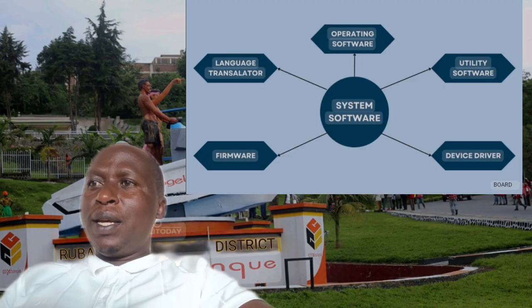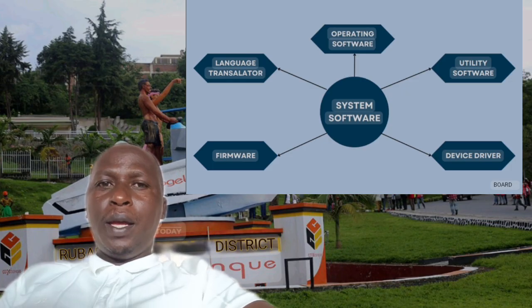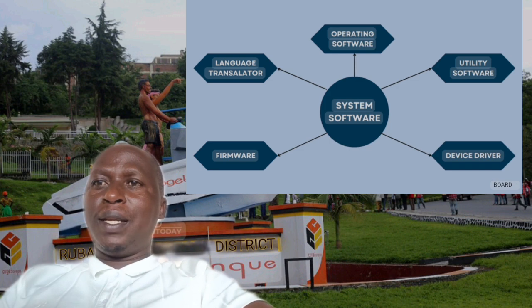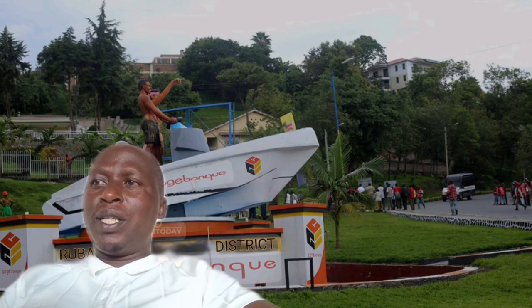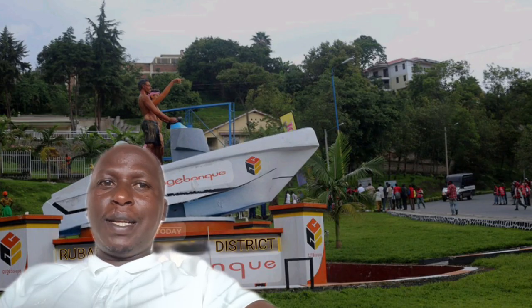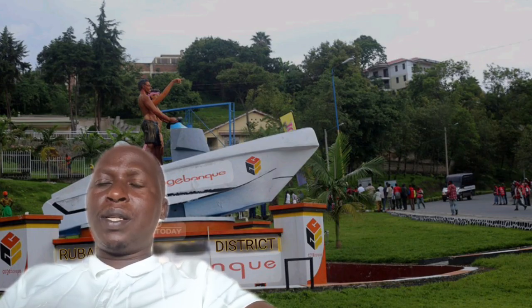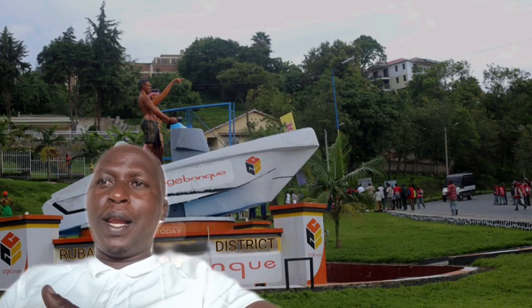And the following is the language translator. In computer science or ICT, we talk about different languages. For example, high-level programming languages, the languages which are very close to human languages, must be translated into machine language so that the computer can understand the meaning of the instructions that the programmer has written using high-level programming languages.